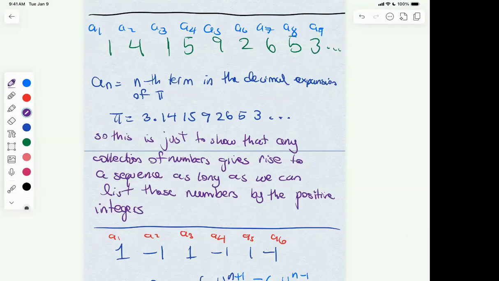If you add those digits directly, you cannot recover pi. If you want to recover pi, you have to use the decimal representation, which is like dividing by the powers of 10. So it would be 1/10 to the 1 plus 4/10 squared plus 1/10 cubed plus 5/10 and so on. You know what I mean? And that would count as a series.